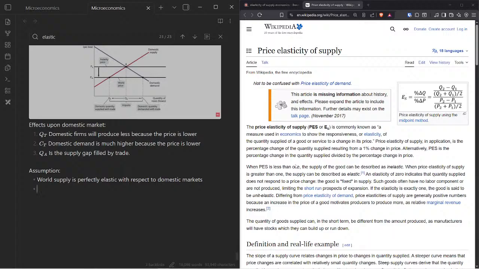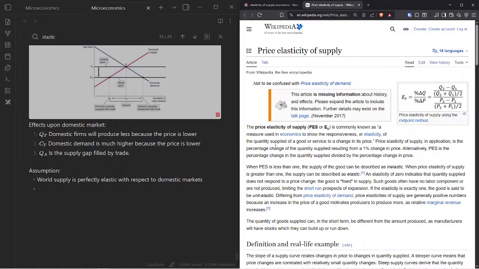For some reason, perfect elasticity never sits well in my brain, but inelasticity of demand is clear.